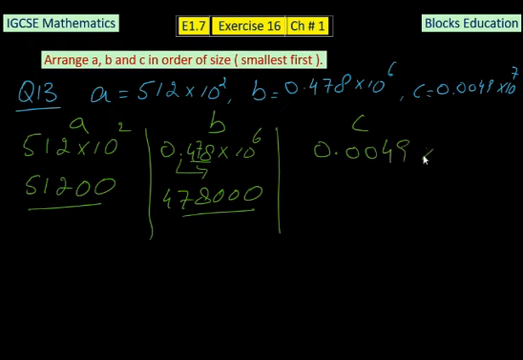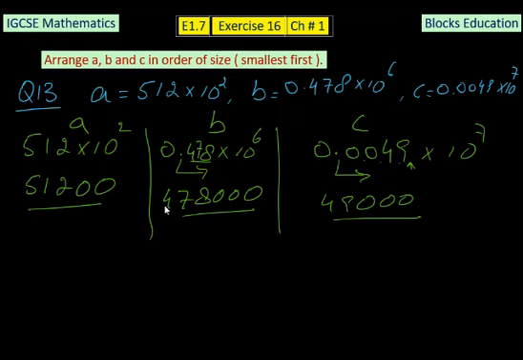And for C it is 0.0049 into 10 raised to power 7. You are multiplying by 10 raised to power 7, it means this decimal will move right side 7 places. So 1, 2, 3, 4 is for this one, so it means 49, and 3 more, so it will add 3 zeros to it, so it is 49,000. So now we got three numbers, and now you can tell which is smaller and which is the biggest.